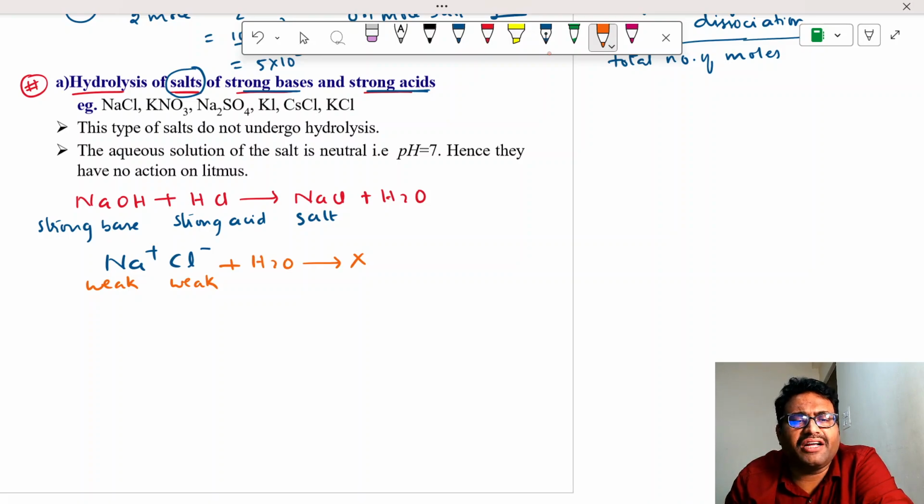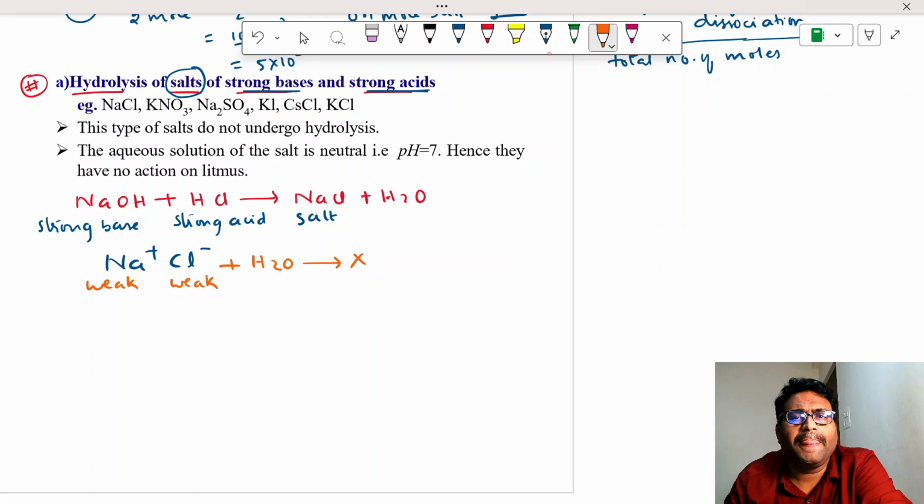If either the cation or the anion is strong, then that stronger part will react with water. Are you getting this? As both the cation and anion are from a strong acid and a strong base, they are weak. As they are weak, they don't react with water. They just dissolve. Na+ and Cl- just dissolve, they don't react.